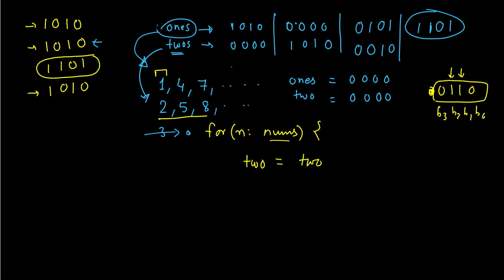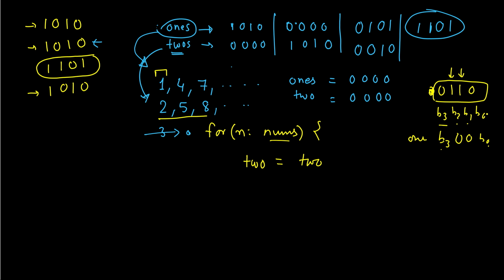So whatever bits have occurred once, if they are present here in the new number, then the exact same bits will have occurred twice. Because let's say bits B0 and B3 have occurred once, and these were 0 in twos.